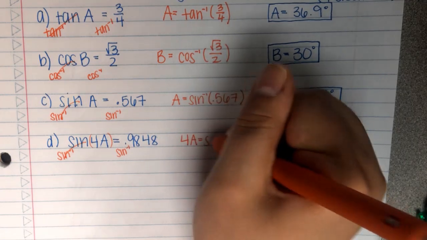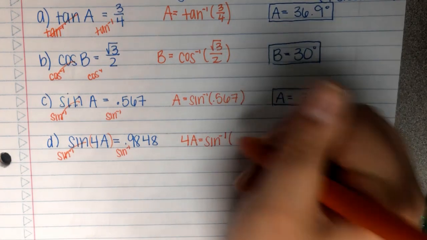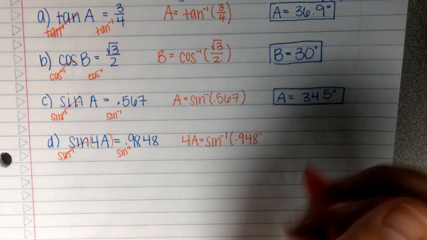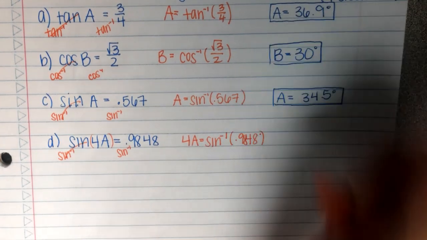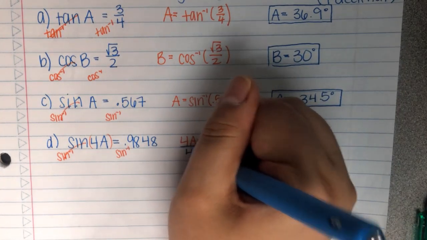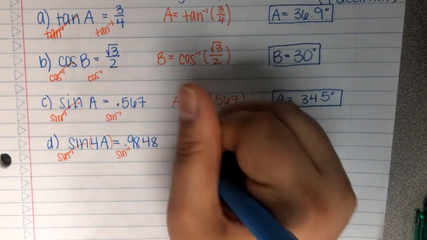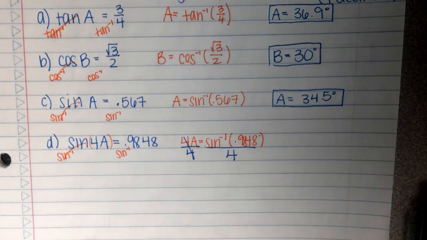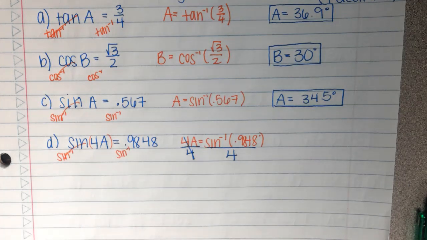4A equals the inverse sine of 0.9848. No, I did that wrong. 0.9848. And then what did you say? Yeah, I want to get A by itself, so now we're just going to divide by 4. So put that in your calculator. Easy. Did you do a decimal?